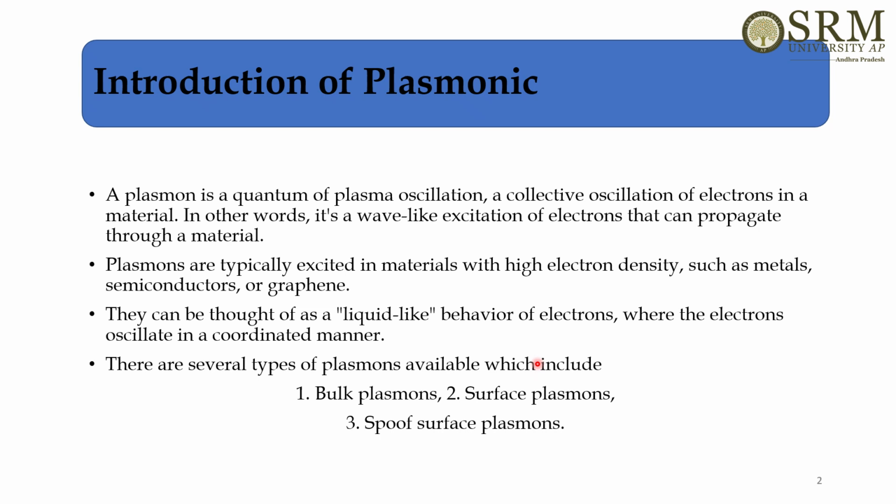These plasmons have liquid-like behavior of electrons, where the electrons oscillate in a coordinated manner. Plasmons are classified into several types, which include bulk plasmons, surface plasmons, and spoof surface plasmons. In bulk plasmons, whenever we are incident with light or an electromagnetic wave, the wave propagates parallel to the propagation, so we can call bulk plasmons transverse waves.